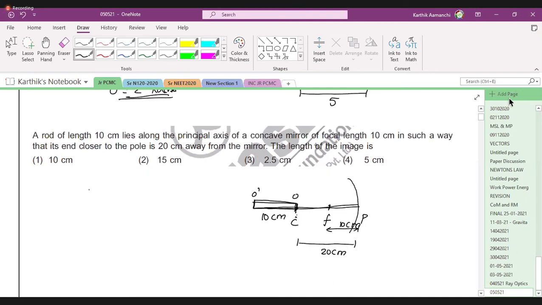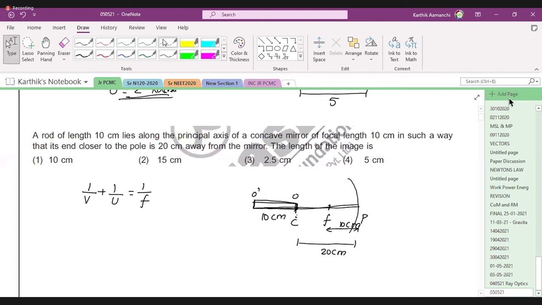Now, what I'm going to do is use my mirror equation: 1 by v plus 1 by u is equal to 1 by f. Clear? U is how much? 20. Take this O dash first. 30.